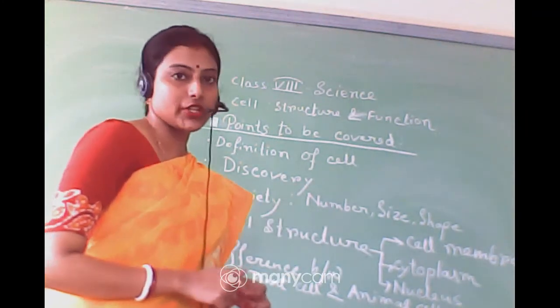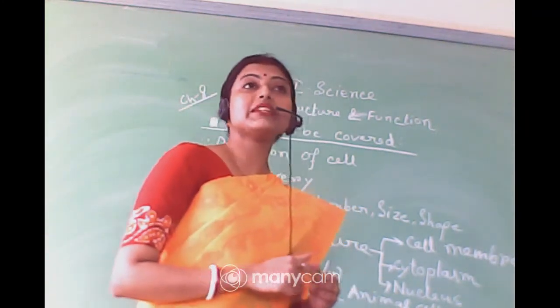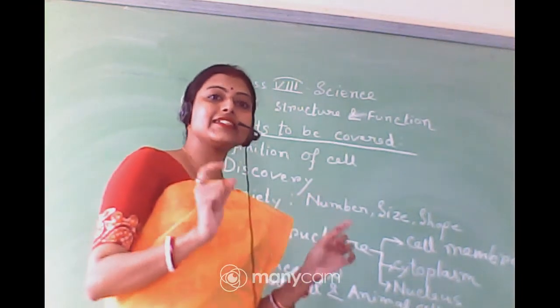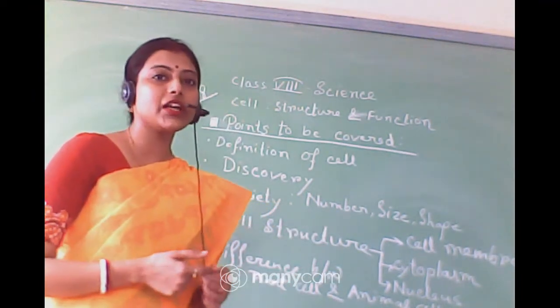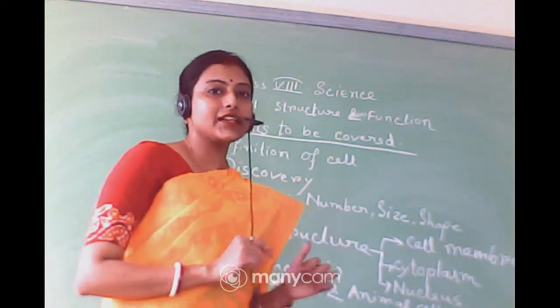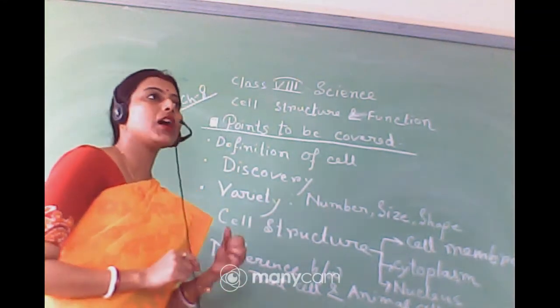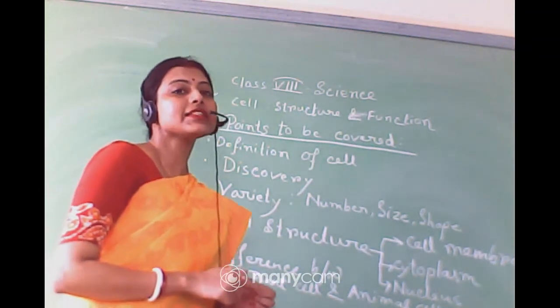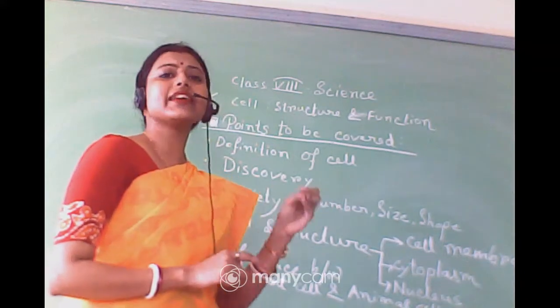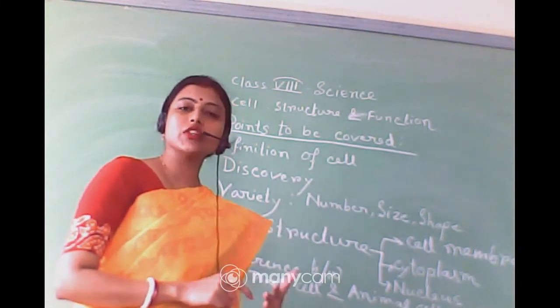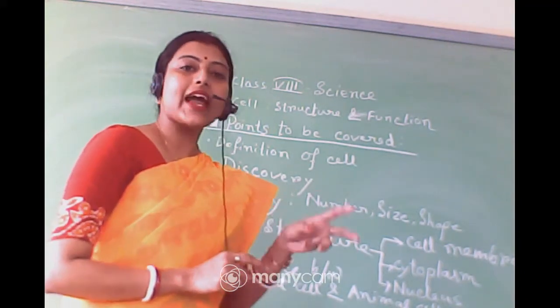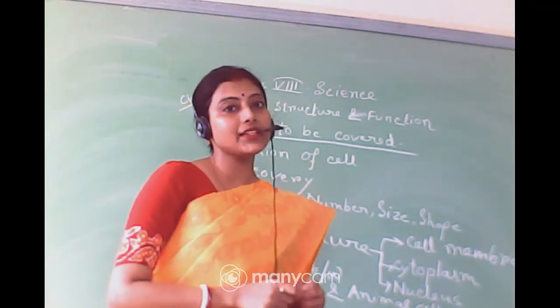Now, what does hereditary mean? Hereditary means that when certain characteristics pass from generation to generation, these characteristics are known as hereditary characteristics.